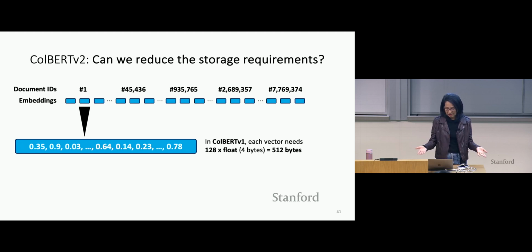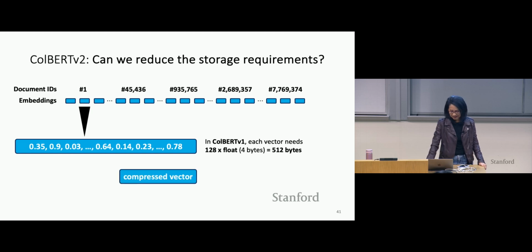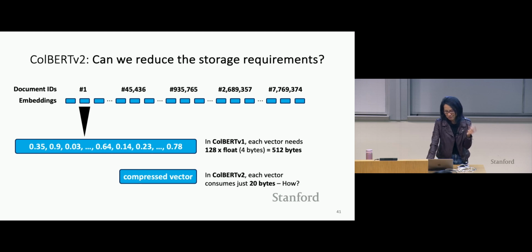So each vector needs 512 bytes. And what we really want to do is bring it down. How far can we go? How about 20 bytes? That sounds like magic. Okay, so how do we do this? How do they do this?